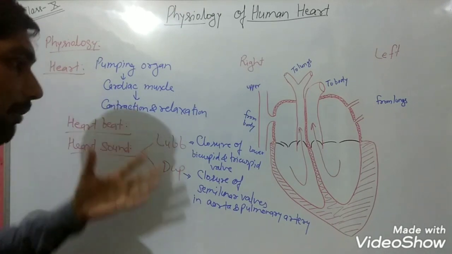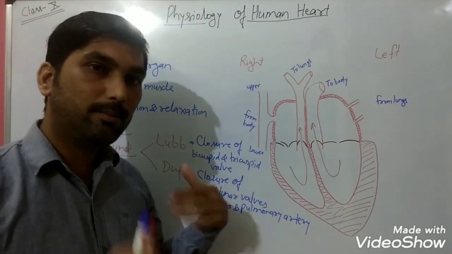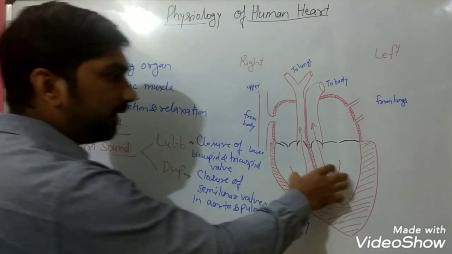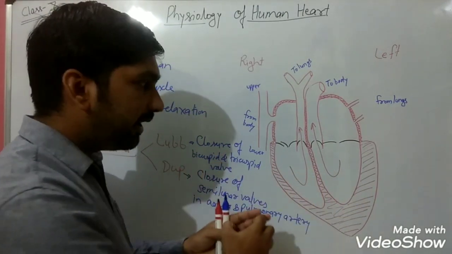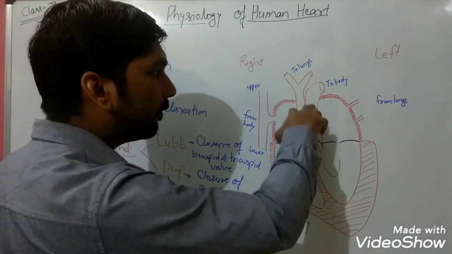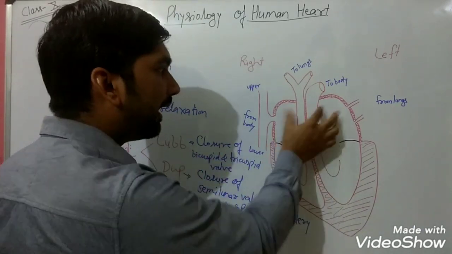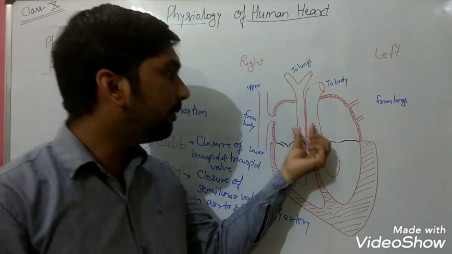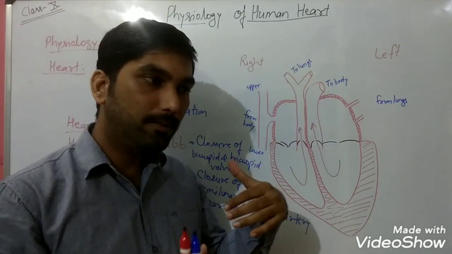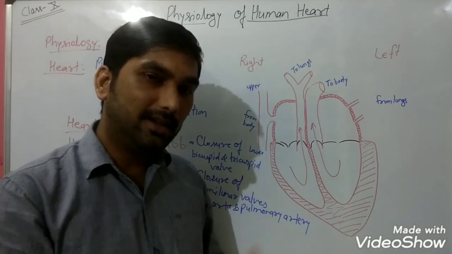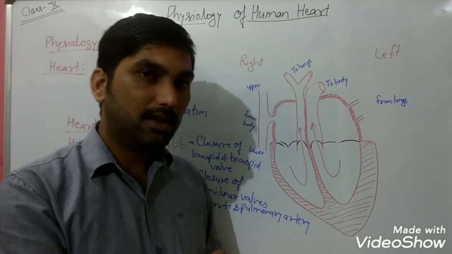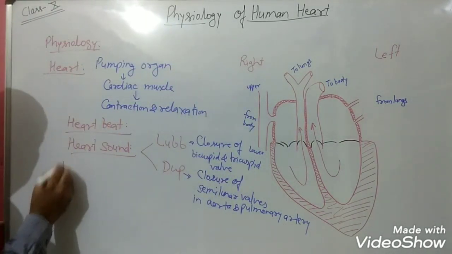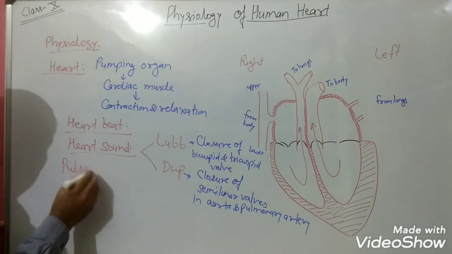Now we will discuss the heart pressure or the blood pressure. Since the ventricles contract, the blood flows with a pressure in the arteries, and due to this pressure the blood flows in a wavy manner, and this wave can be felt in the arteries, which is known as the pulse.